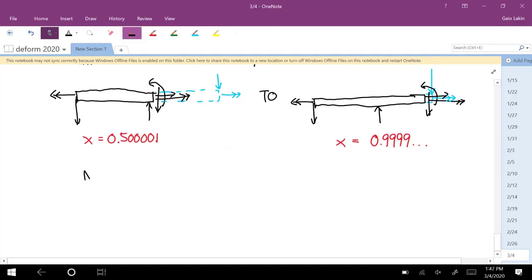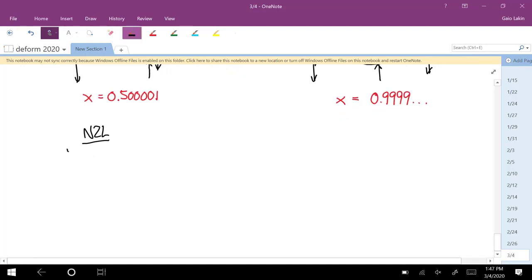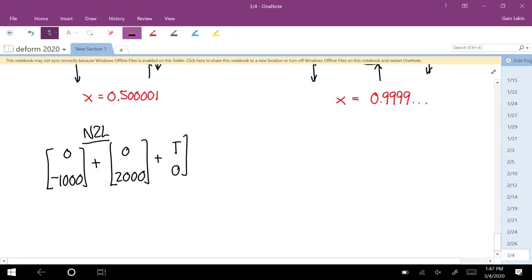So Newton's second law, we have the downward 1,000 and the upward 2,000. So 0, negative 1,000 plus 0, positive 2,000 plus the T in the positive X direction plus the V in the negative Y direction.